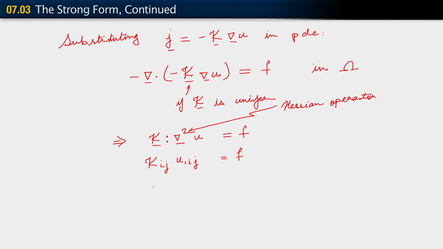We could also take the special case, which is often done, which is to consider cases where kappa ij can be written as a scalar kappa multiplying the Kronecker delta, sometimes called the Kronecker delta tensor.